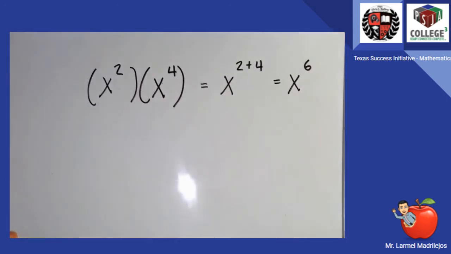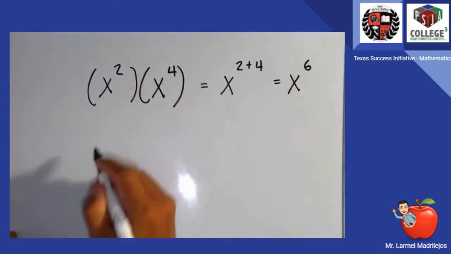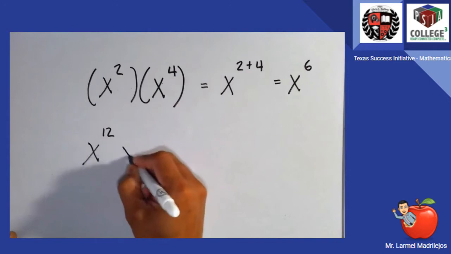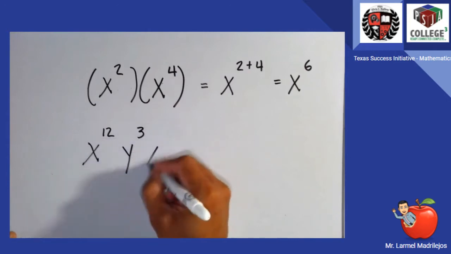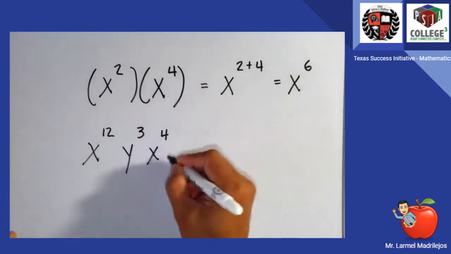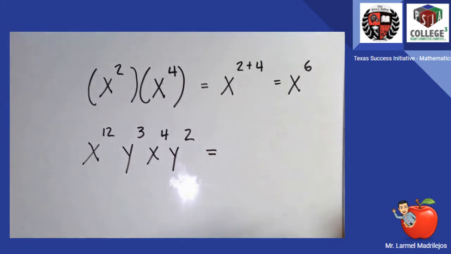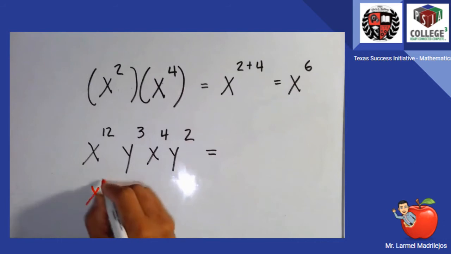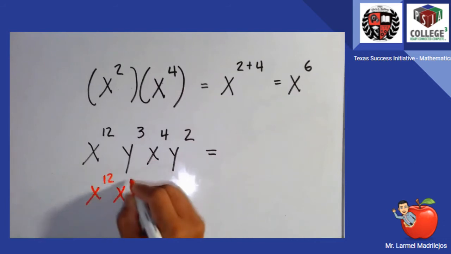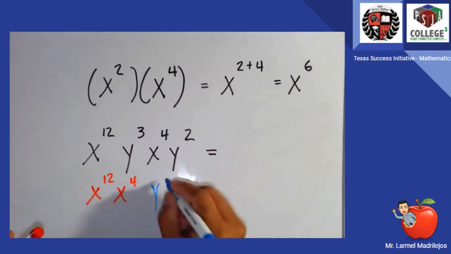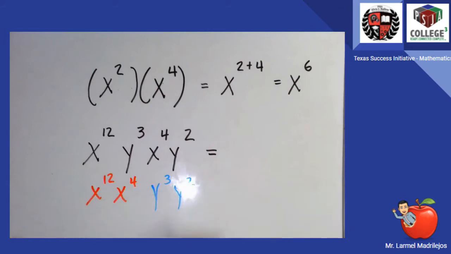Another example, let's say x raised to 12, y raised to 3, x raised to 4 and y raised to 2. To simplify this, I'm going to add the exponents. I'm going to start with the x: x to 12 and x to 4, and then y to 3 and y to 2.